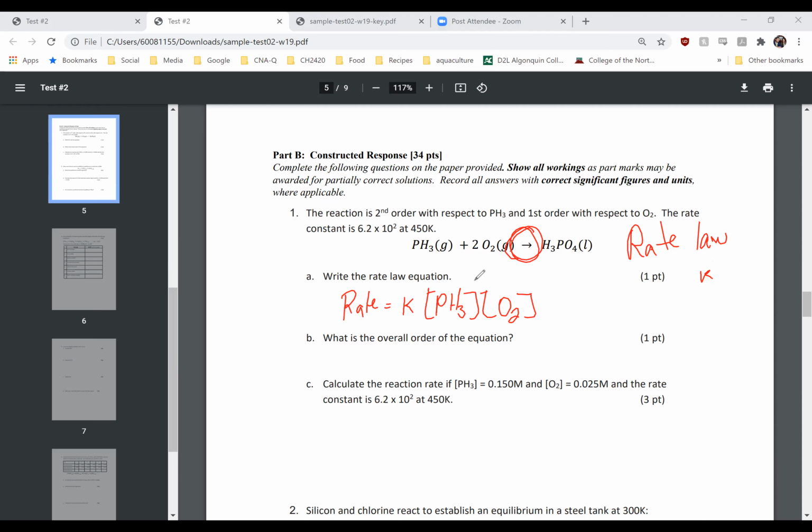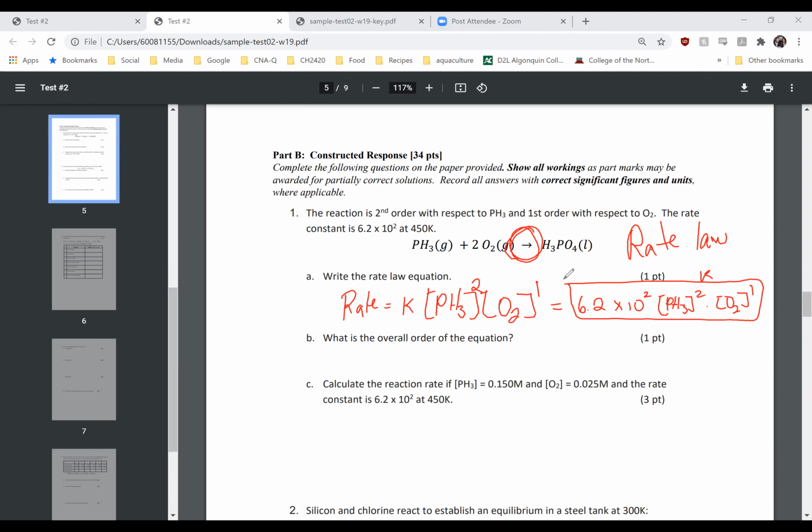So this reaction is second order for PH3 and first order for O2. Now, this isn't really the full answer because I should also put in my k number. So 6.2 times 10 to the 2 times the concentration of PH3 squared times the concentration of O2 to the power of 1. There's my rate law. Whew.